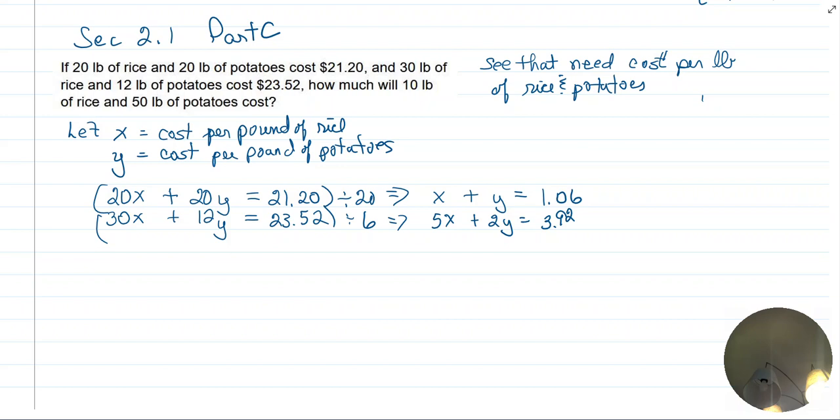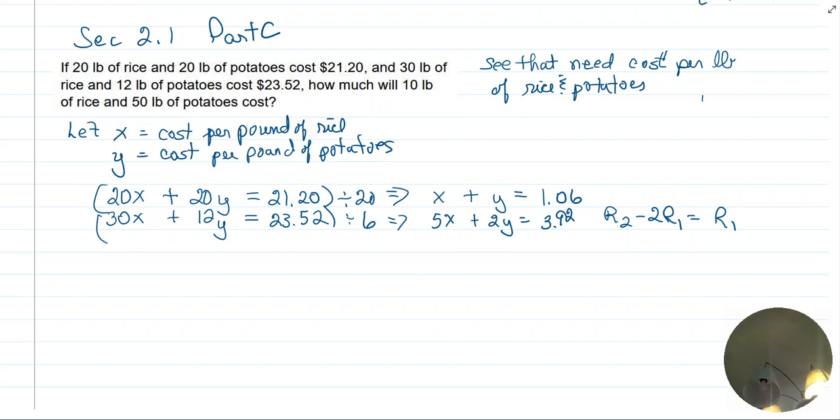And I can do several things. I can multiply and get rid of this item, the y. I can say row 2 minus 2 row 1s equals the new row 2, because it's going to give me an x.